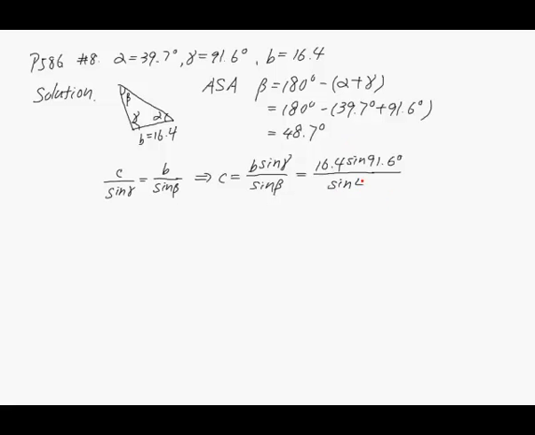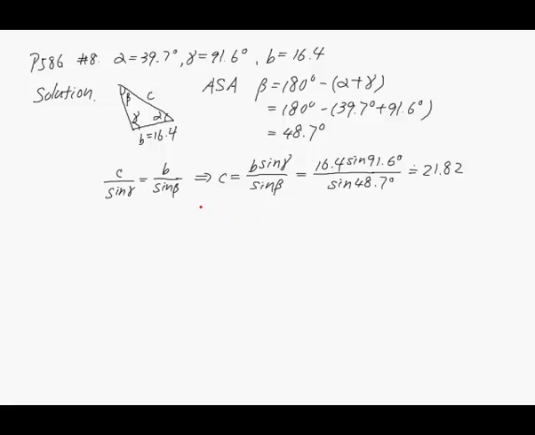Beta is 48.7 degrees. And then you simplify, you have approximately 21.82. So this is the length of this side C, the side opposite angle gamma.